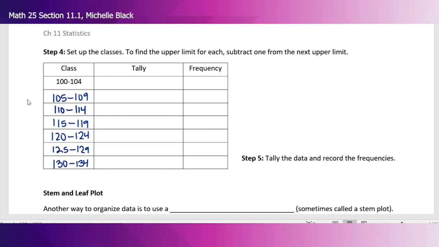And we should be left with these classes. Notice each of them have 5 temperatures within them, and they do not overlap. We have between 5 and 15 classes. We're doing good.